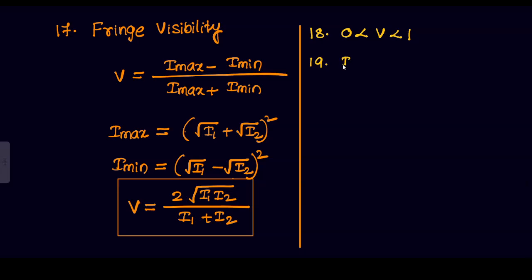Next, if I min is equal to 0, then tell me what happens now. Minimum intensity is 0. If I place I min as 0 here, the V value will come as I max by I max, which is 1.